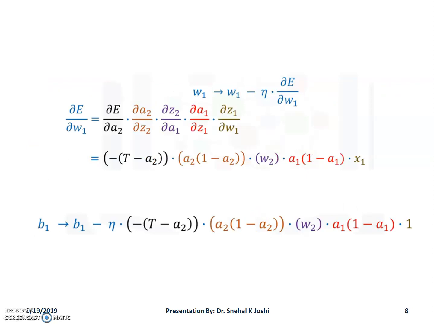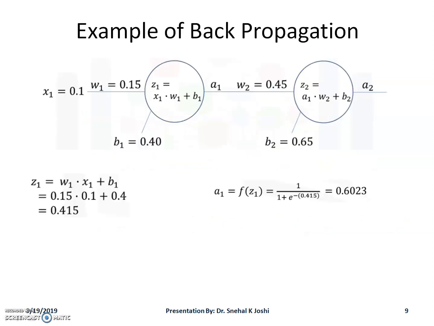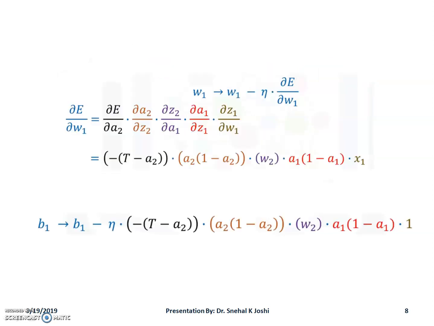Hence, we can update W2 now. Similarly, we will update W1 as well. And as we saw on the previous slide, we will apply the same approach to update our bias B1 as well.